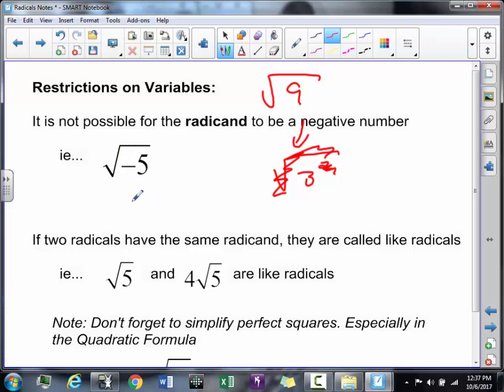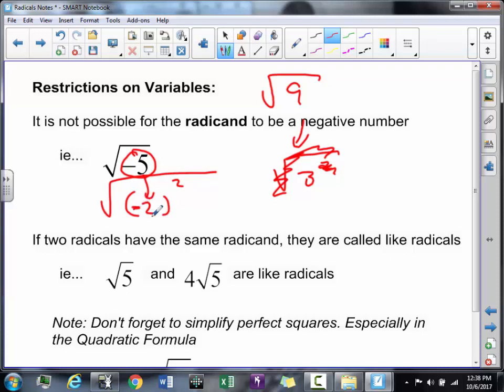Well, how can I write negative 5 as a number that's squared? When you square a number, it always has to be positive. Any number that goes inside here, when I square it, is a positive number. If this number were 2, 2 squared would give you 4, which is positive. How do I get a negative number there? Say that somehow it was a negative number.